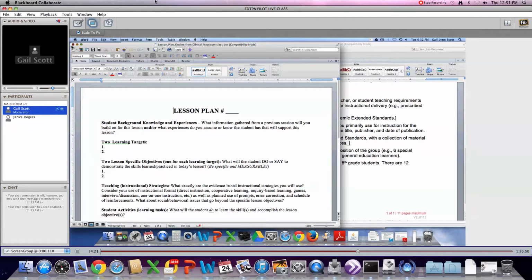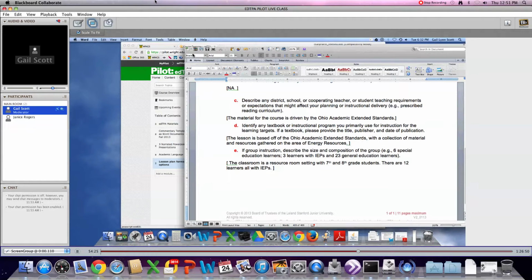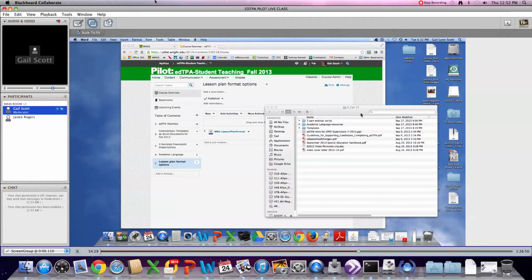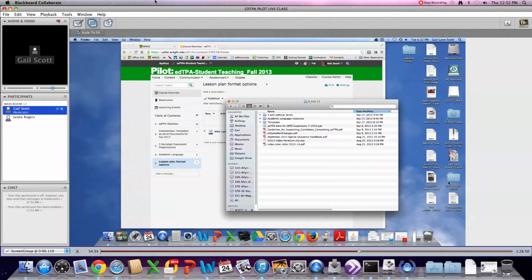But it's another option. The point I'm trying to make is the fact that you can use different lesson plan formats.